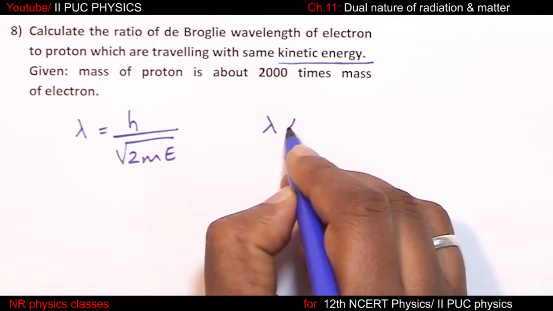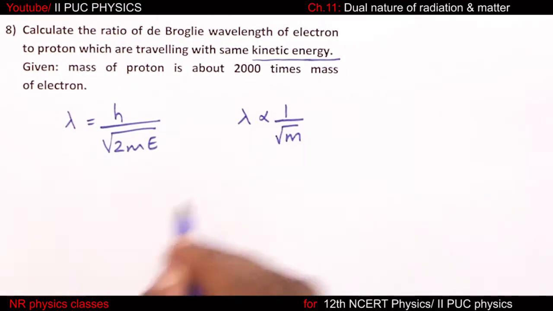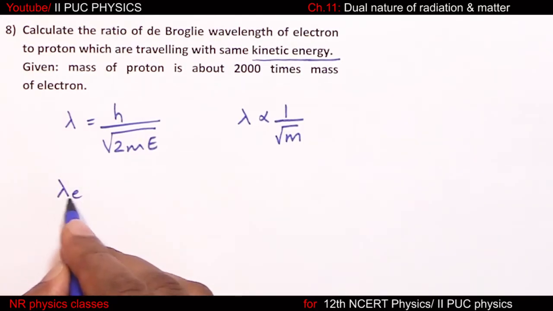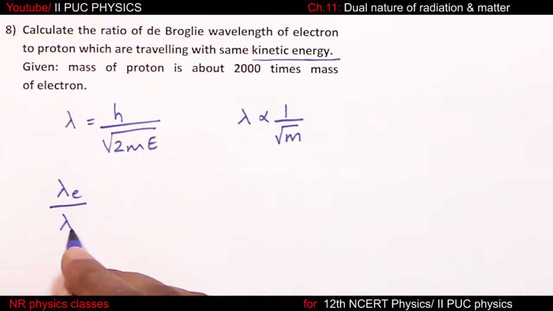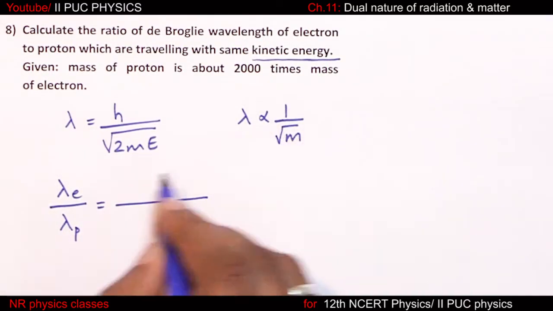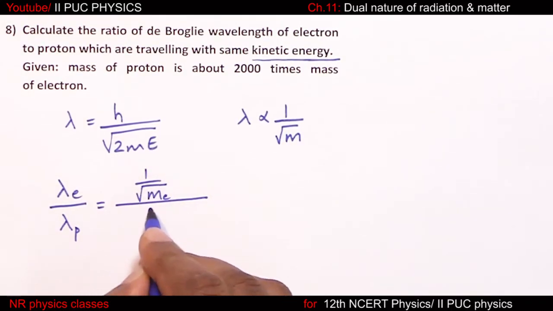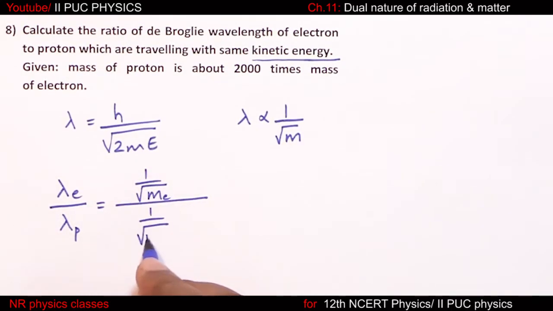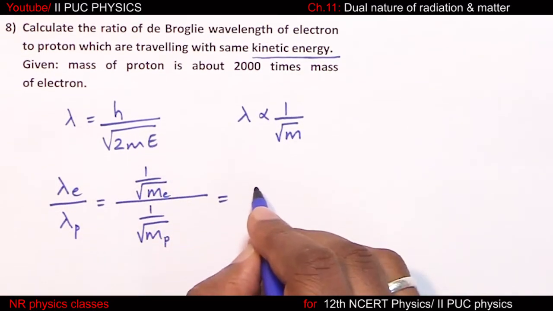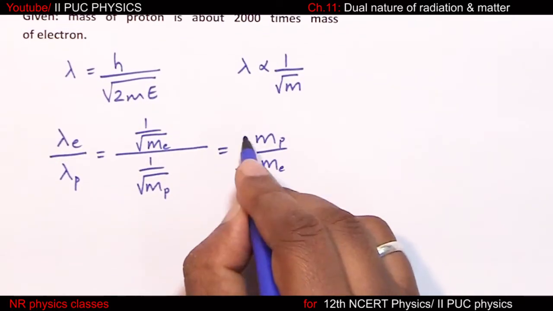Therefore lambda is proportional to 1 by root of m. Therefore de Broglie wavelength of electron by de Broglie wavelength of proton equals 1 by root mass of electron, 1 by root mass of proton.